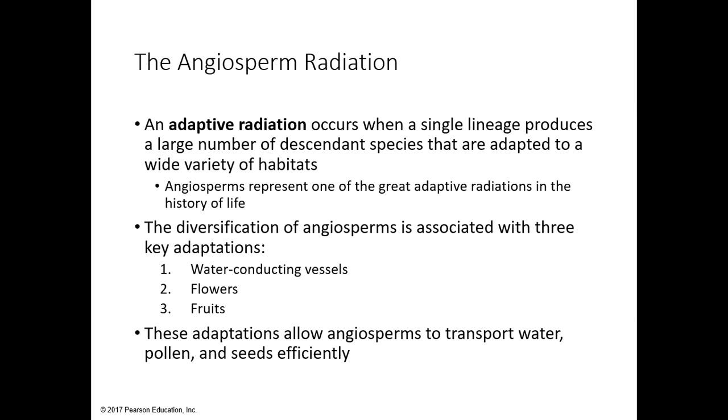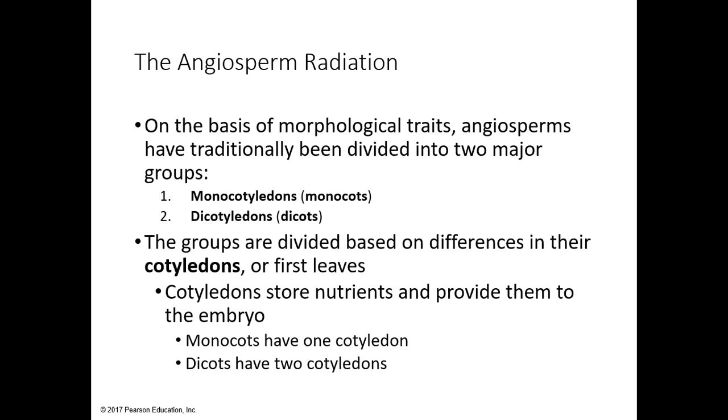So multiple evolutionary characteristics allowed for this, specifically those water-conducting vessels that we talked about, the flowers themselves, and fruits. So all of these things that we've been discussing really lead to this idea that the angiosperms are the most dominant of the plants on Earth, and that's why we see them around in most areas.